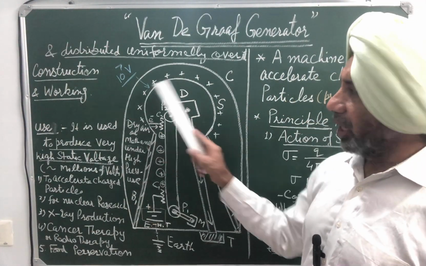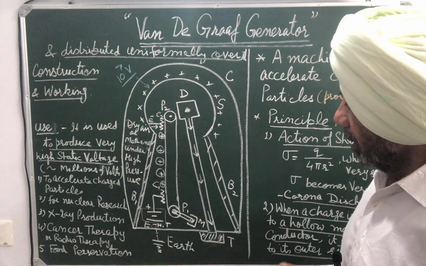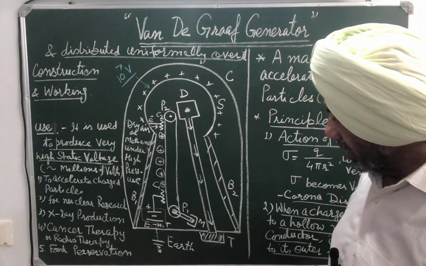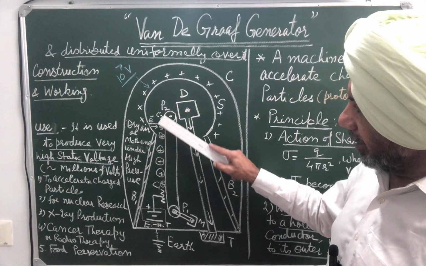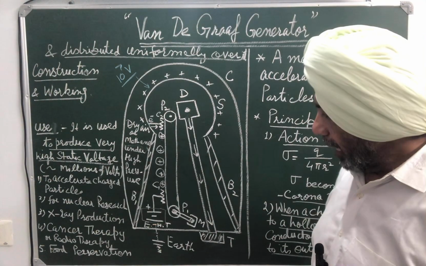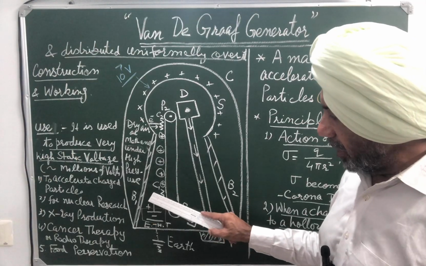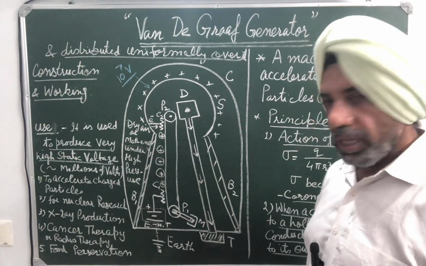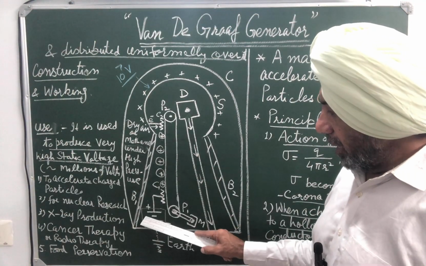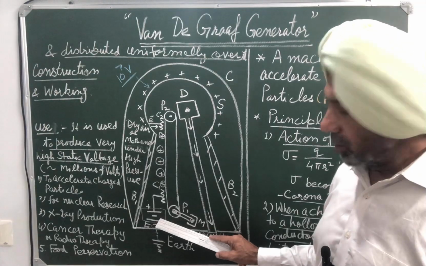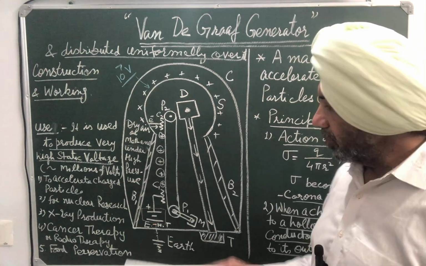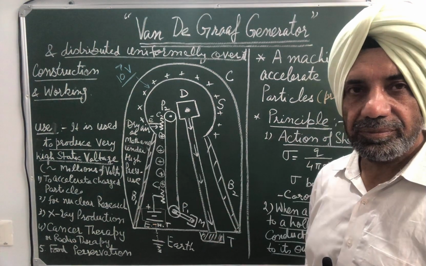Now, how it works? First of all, when this motor M is started, this belt starts running over the pulleys. When the high tension battery is switched on, C1 acquires positive charge, which is at high potential.